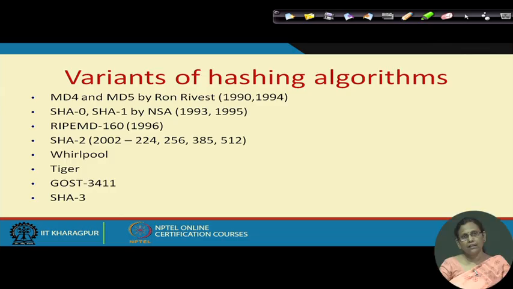There are many symmetric key algorithms, and here also for hashing there are many algorithms. They have their respective advantages and disadvantages, but we are right now not going to discuss them.